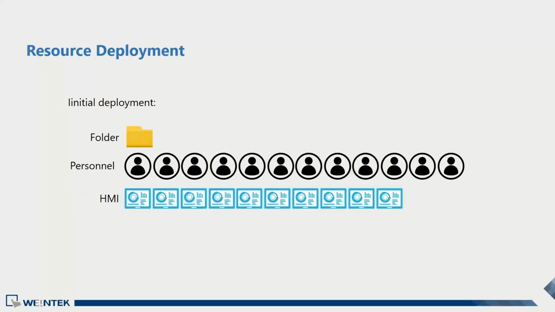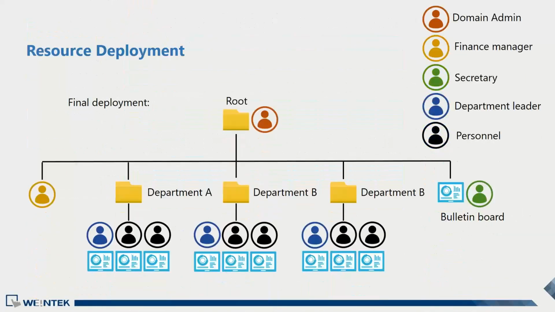So initially, the resource of the factory is one folder. The folder is the root folder named factory, and they have 12 personnel and 10 HMIs. And then finally, we have to deploy our resources into this graph.